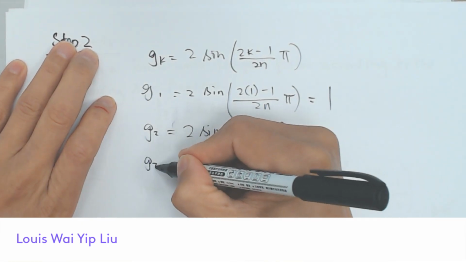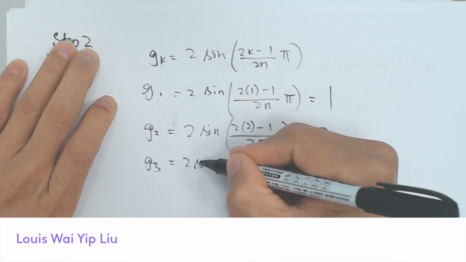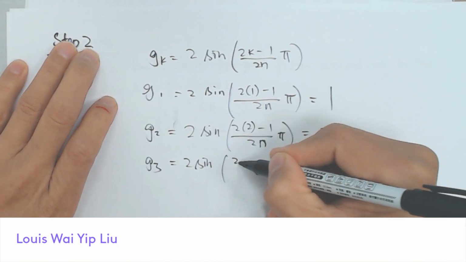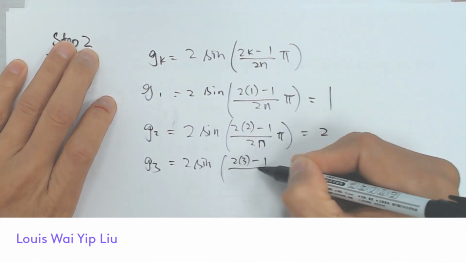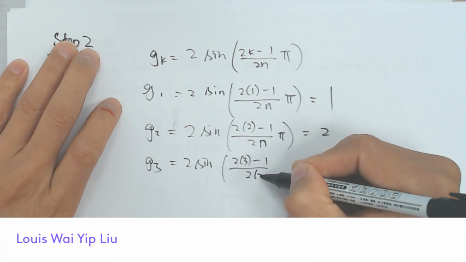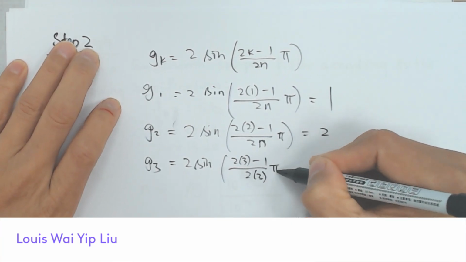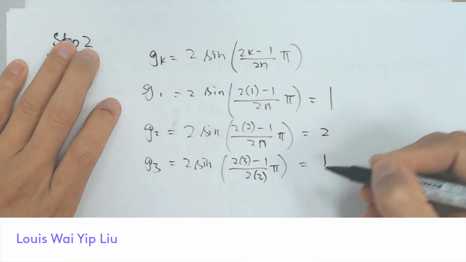And g3 will be 2 times sine, where n is 3, and this will end up with 1.